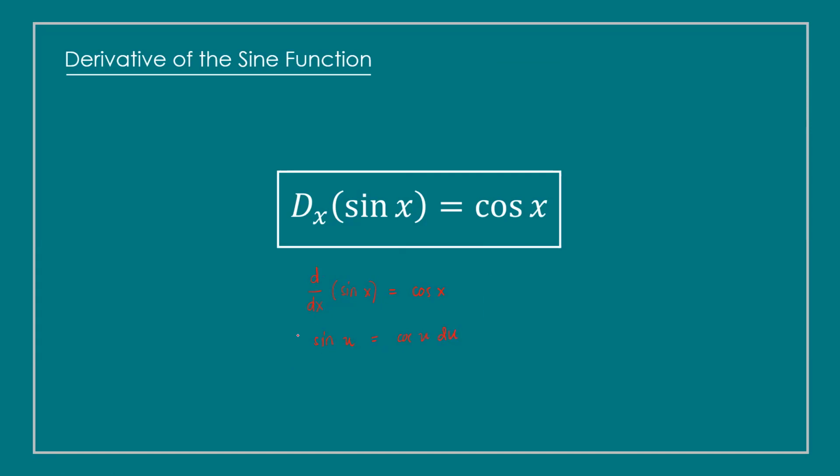So in other terms, you derive first the sine function, sine u, which gives you cosine u. Then you derive again the angle u, which gives us the du.